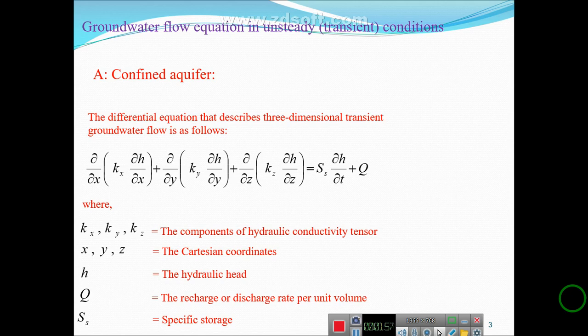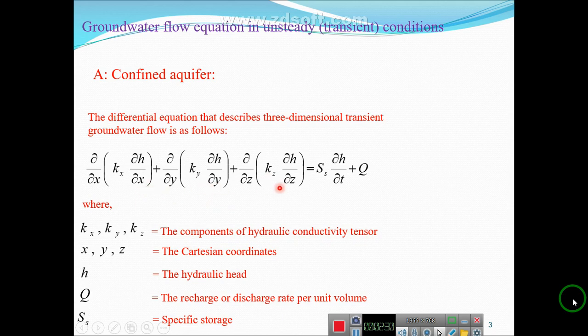Under a transient or unsteady condition, groundwater flow equation for a confined aquifer is given here. In this equation, kx, ky, and kz are the components of hydraulic conductivity tensor.